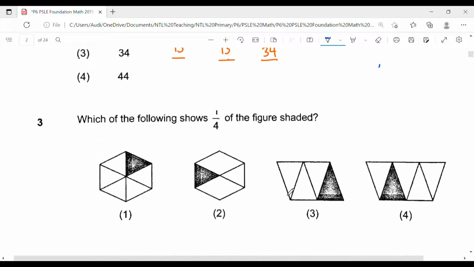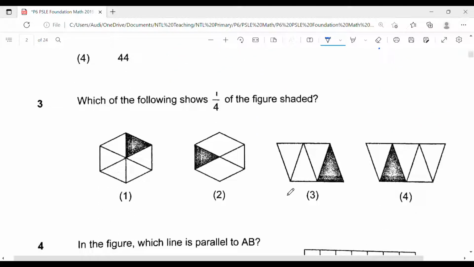Right, we now go to question number 3. Which of the following shows 1/4 of the figure shaded? 1/4, right? 1/4 means one part out of a total of 4 total parts. This is the meaning of 1/4. So we need to look for a figure that has 4 parts. Let's look at this. This has got 1, 2, 3, 4, 5, 6. 6 parts.